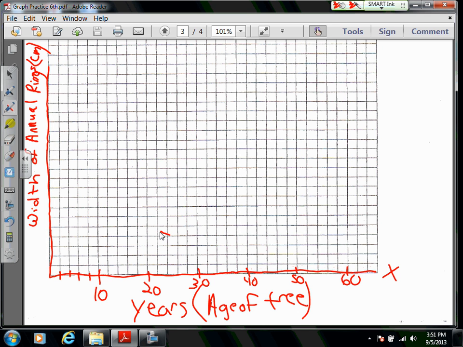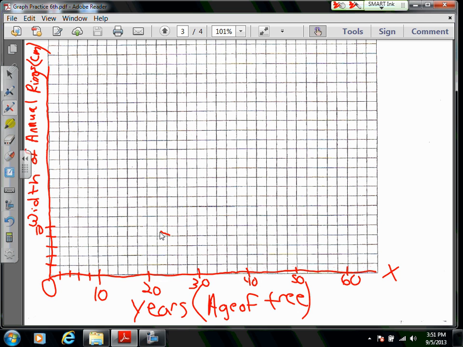Well, if you look at the data from Forest A and Forest B, it goes up to about 4.5 centimeters is the widest. So what we need to do, again, we'll start at 0 down here. We'll make each hash mark on the grid worth 0.2. So we have 0.2, 0.4, 0.6, 0.8.